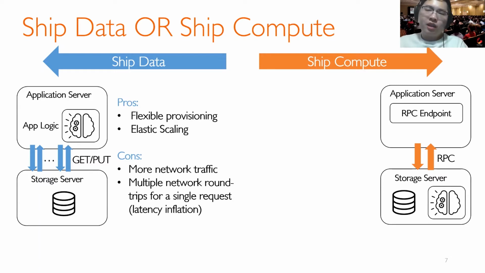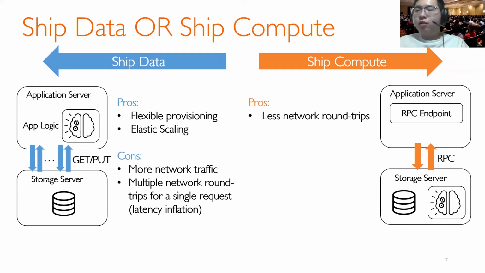That would result in more networking traffic. And sometimes the execution of a single request would result in multiple network round trips, and this would inflate the request execution time.